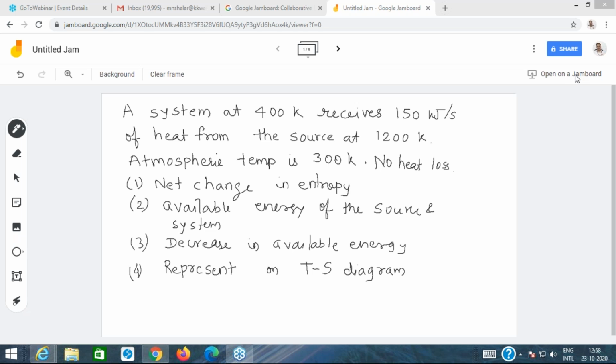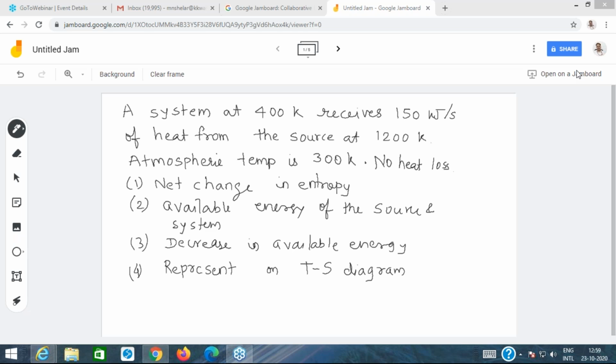So in this numerical, the temperature difference is 1200 Kelvin minus 400 Kelvin, which is 800 Kelvin, a substantial number. Hence, this delta T being appreciable, the heat transfer is irreversible.